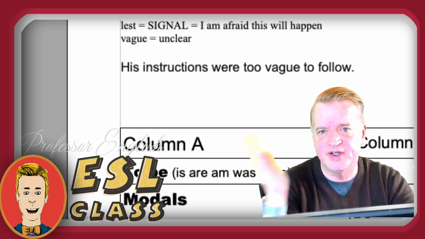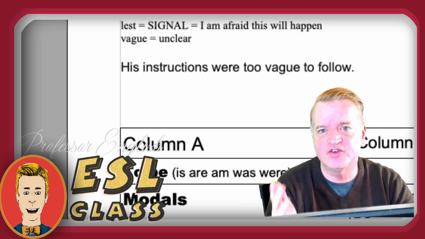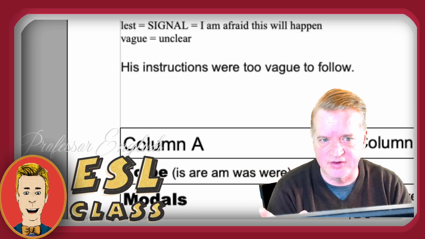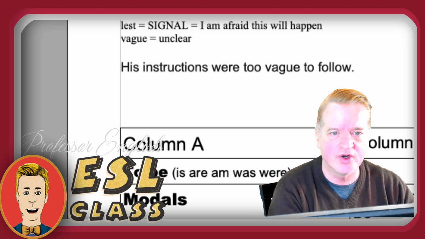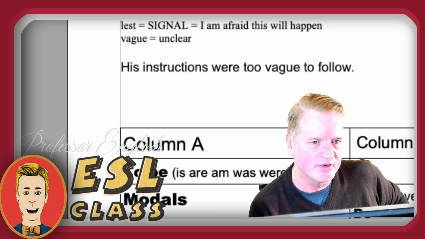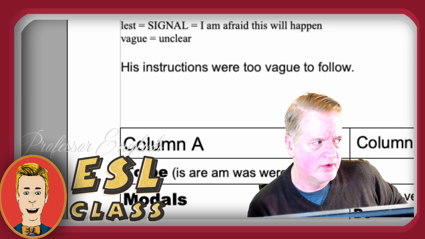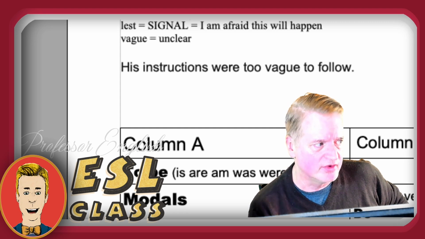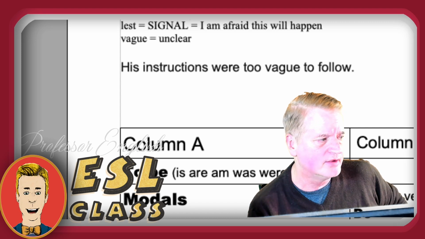Big, small, big, small. His instructions, and this fits the pattern very, very nicely. His instructions. His instructions. Can you say those two words, concentrating on the length of the vowels? His instructions. Pachu, can you say it?